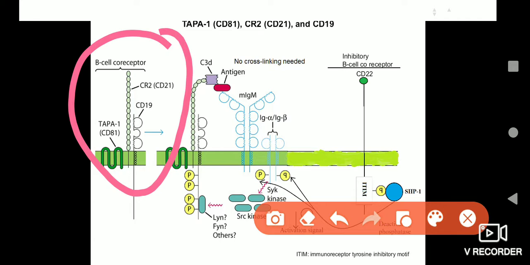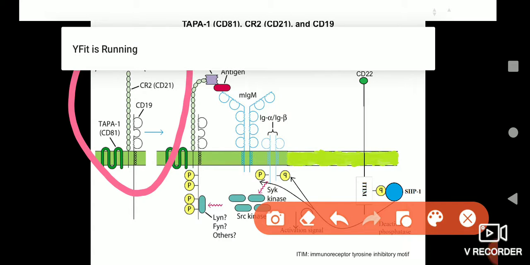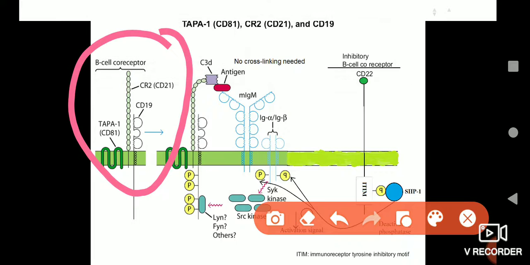What you are seeing here, there are basically three co-receptors of the B cell, which are called CD81 or TAPA1, then CD21, which is also called CR2, and CD19. All these three together form the B cell co-receptor.